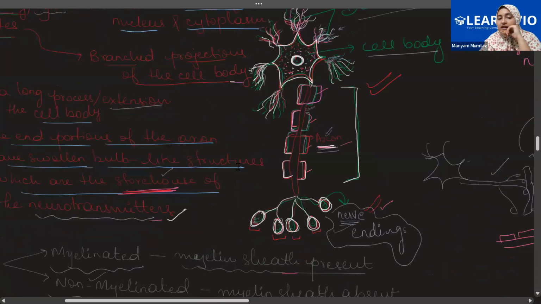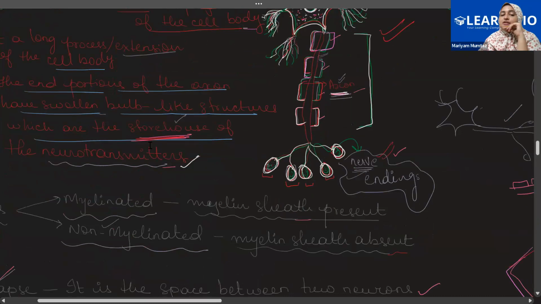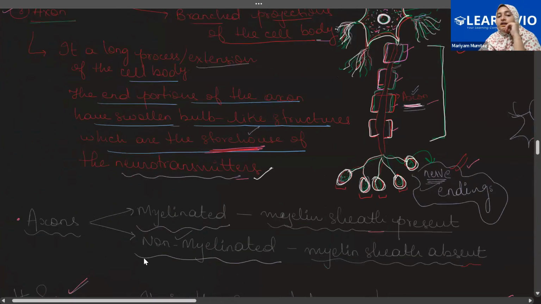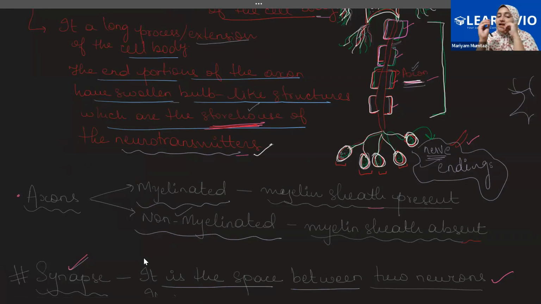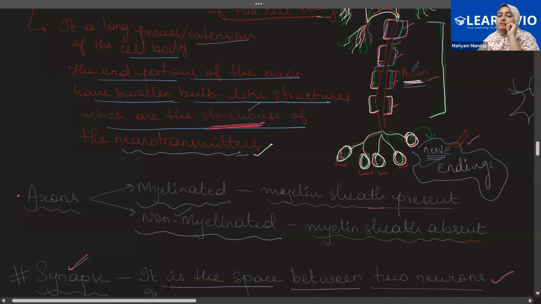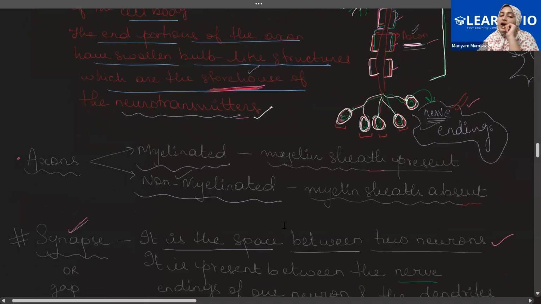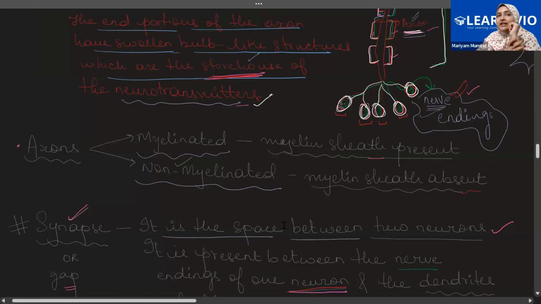Depending upon the presence or absence of that layer, axons are of two types: myelinated and non-myelinated. A myelinated axon is an axon that has a myelin sheath present on it, meaning the whole axon is covered by a layer of myelin sheath. Now, the axon that does not have a myelin sheath, we call the non-myelinated axon. Okay.